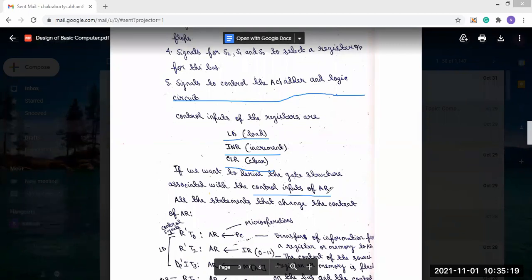Now we have to find all the statements that change the content of the address register.